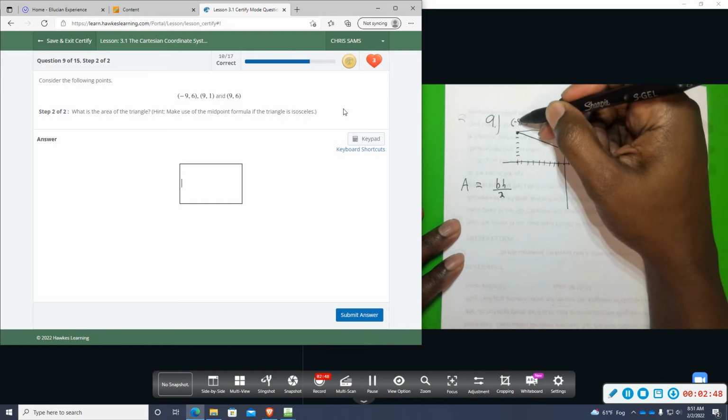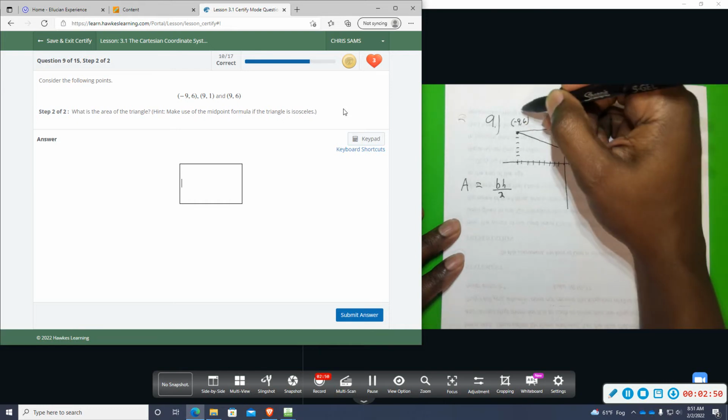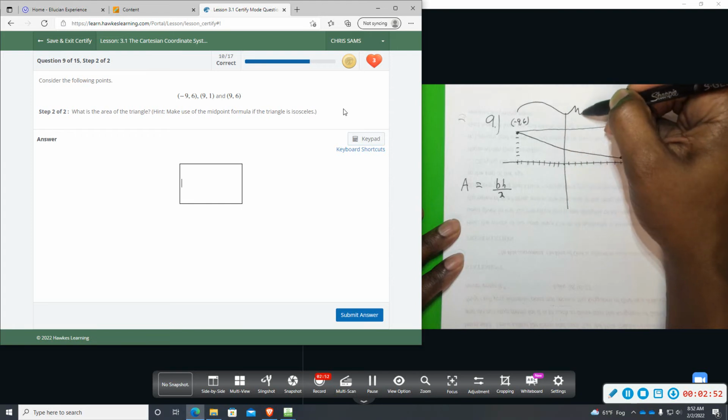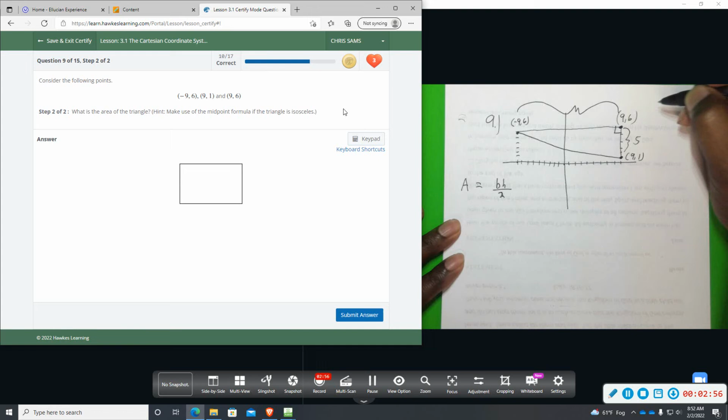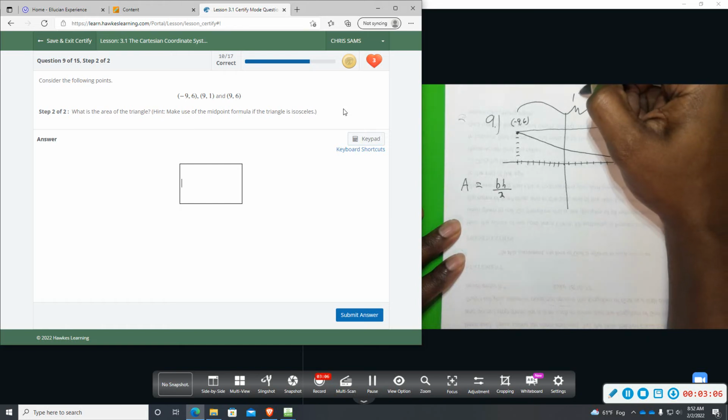And then from -9 to +9, this distance here, we don't even have to do the distance formula, we can just count the spaces between them. I would do 9 minus the -9, minus the negative becomes plus a positive, which gives us 18. So the distance here would be 18.